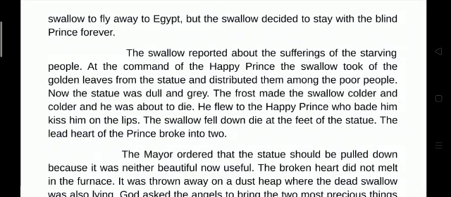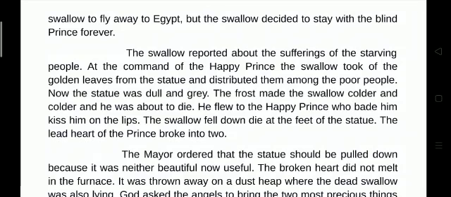The swallow decided, I should stay with him, so that I can help him and give him the news, the report about the city, because this happy prince is a very good prince. He is helping other people indirectly. The swallow was also kind-hearted, so he thought, I should not go to Egypt, and I will live with this happy prince.